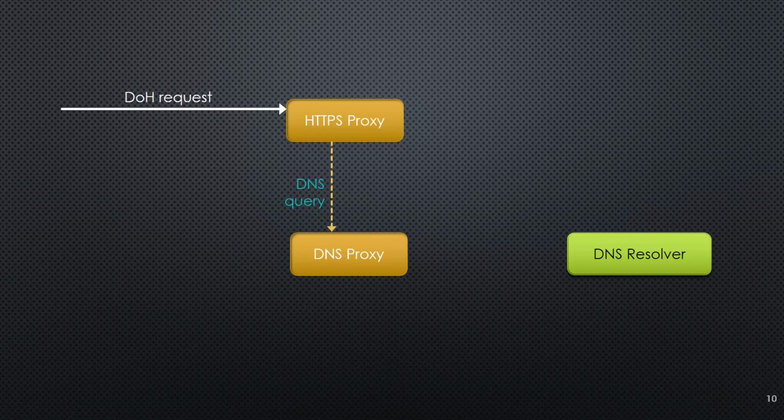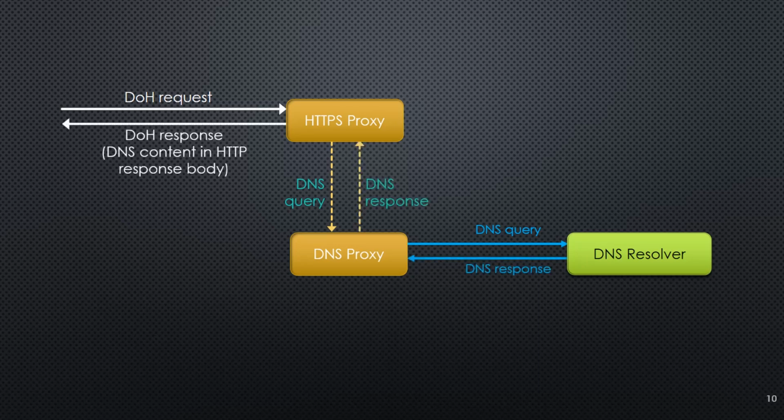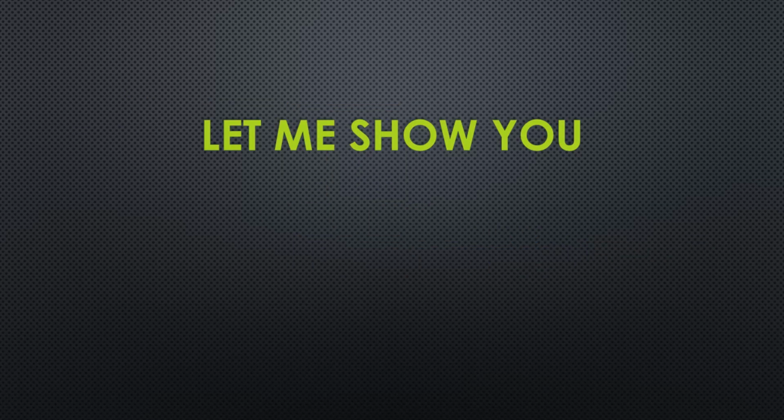So it will send a new DNS query on behalf of the client and will get the standard DNS response, which will be embedded and sent back to the client as a response to the original DoH request. So let me show you this in action.